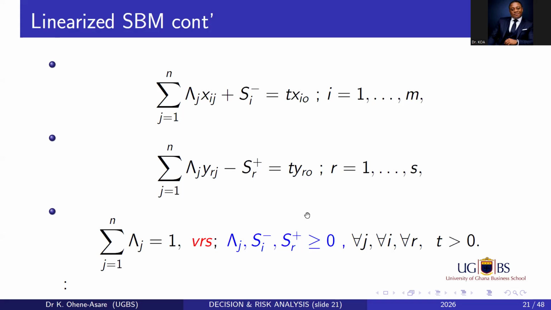But there's something you see here. Emily, what do you see in the constraint? Okay, so I think 2 additional things I'm seeing is the t greater than 0. And also here, the XIO and RO have t attached to them, and we are setting it to be greater than 0.